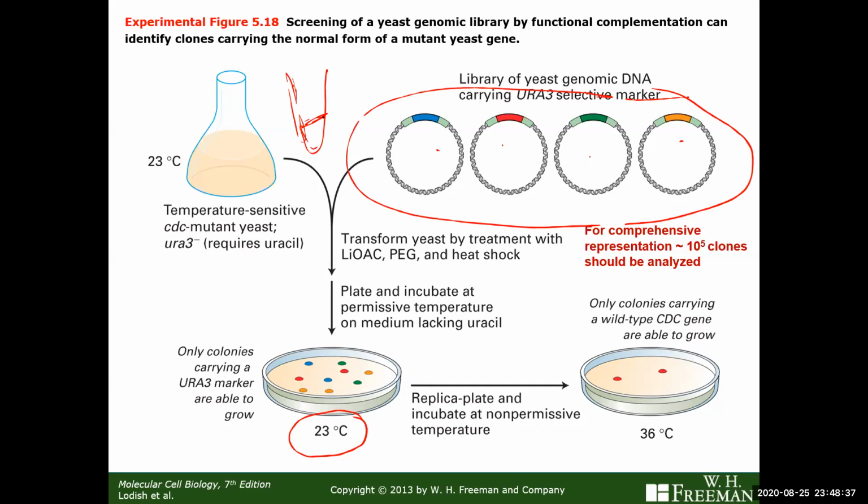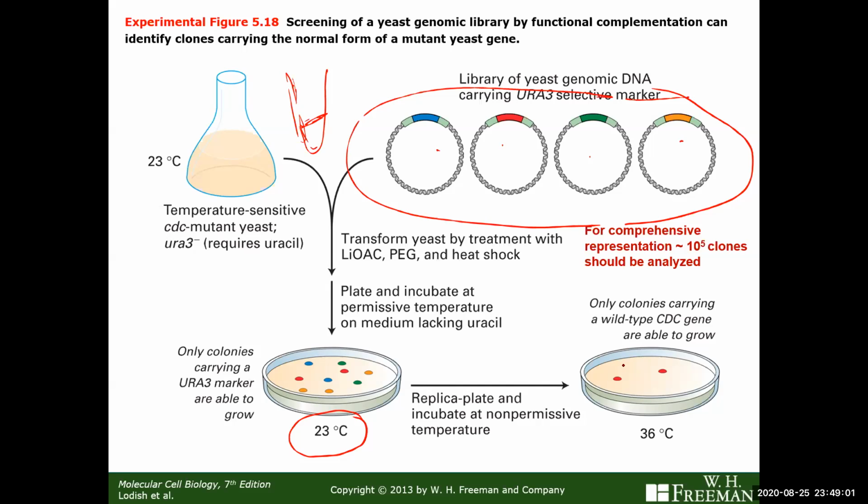Each of the plates you will grow at 23 degrees centigrade, replica plate it, then put one replica in 23 degrees centigrade and the other in 36 degrees centigrade. And then you will see that at 36 degrees, most of the colonies do not grow. Remember, all these colonies are coming from only one strain.